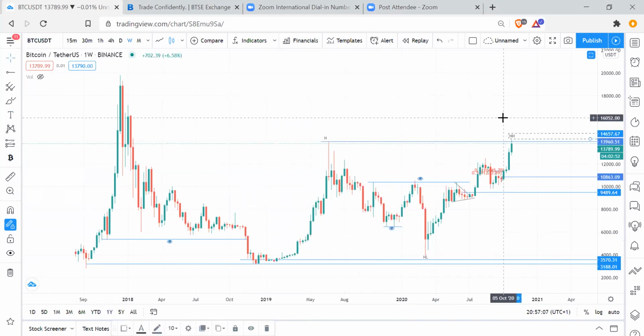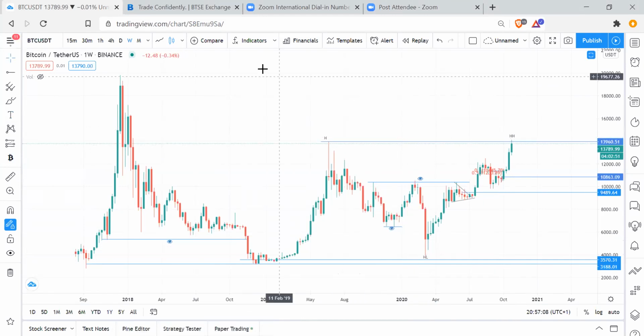But remember, the higher high is only confirmed after we have a higher low and then a break of the higher high. So tentatively, Bitcoin is going up. Tentatively, we should see a pullback. The pullback doesn't have to be large. Look at this. This pullback here, we had a higher high because it broke over here.